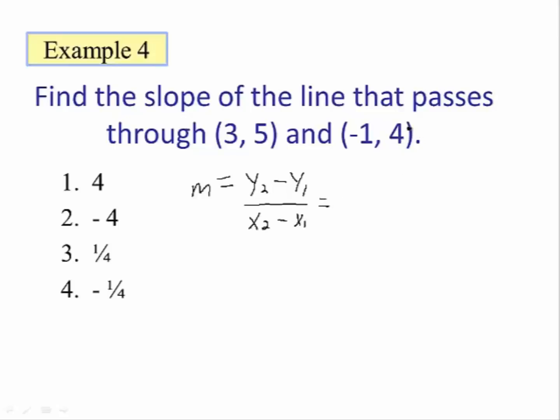I'm going to let this be y2, 4, minus my other y coordinate, which is 5, over, since I used this 4, I have to use -1 for my x coordinate, and I have to subtract my other x coordinate, which is 3.